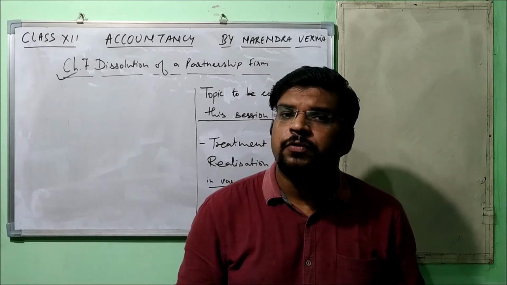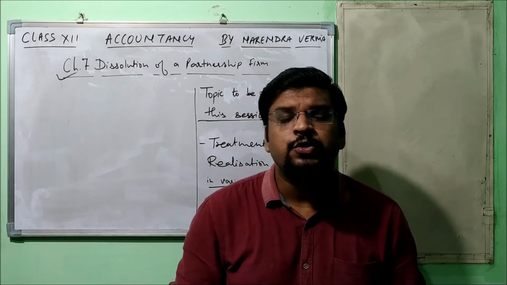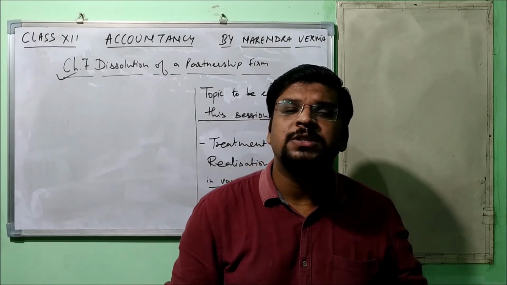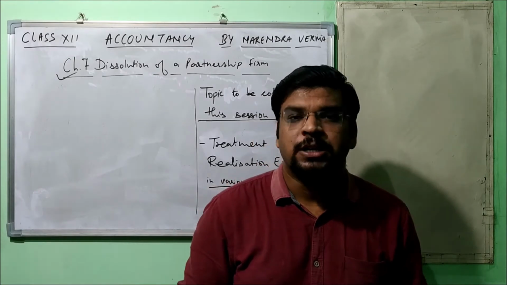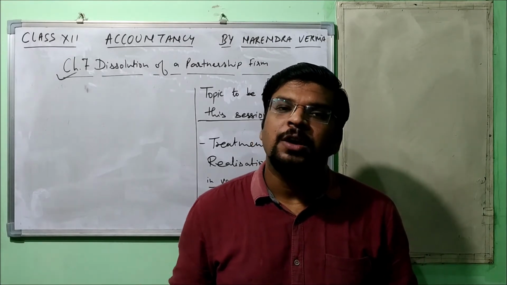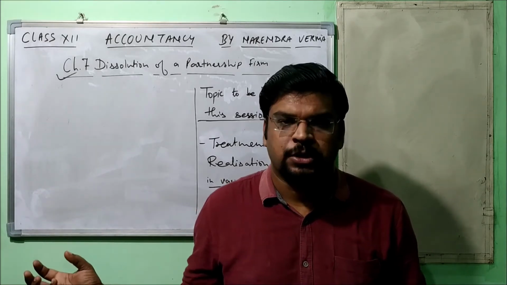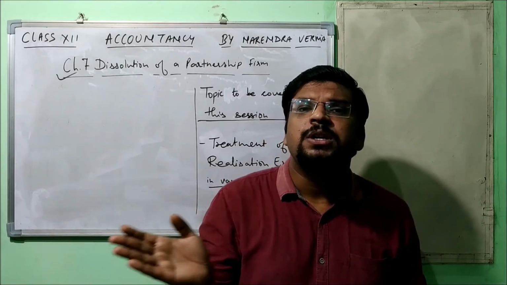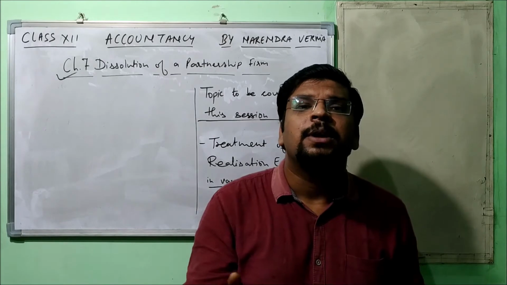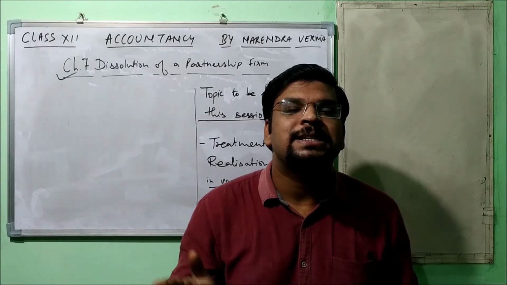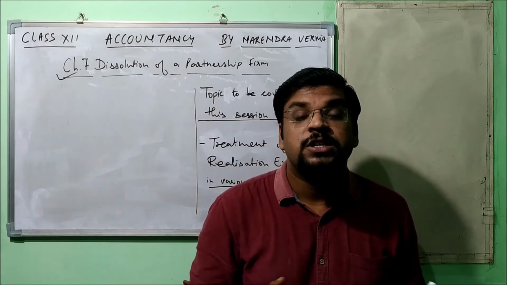Eventually these are the expenses of the firm, because the firm is getting dissolved, and as you know we follow the business entity concept. According to that, the firm is different and the owners are different. So the firm is being dissolved, and we are treating the firm as an artificial person. When it is being dissolved, it becomes the responsibility of the firm to pay all the debts and expenses if it can.